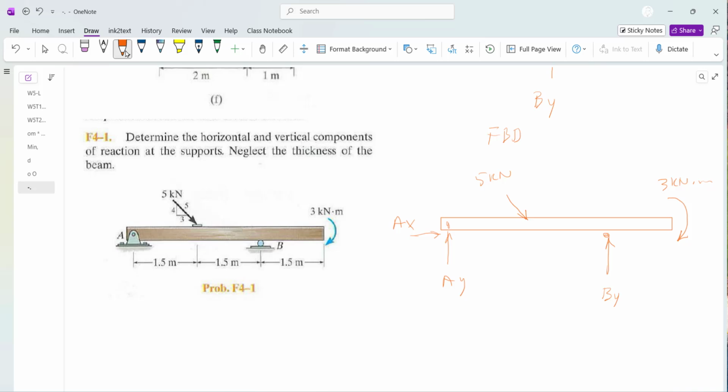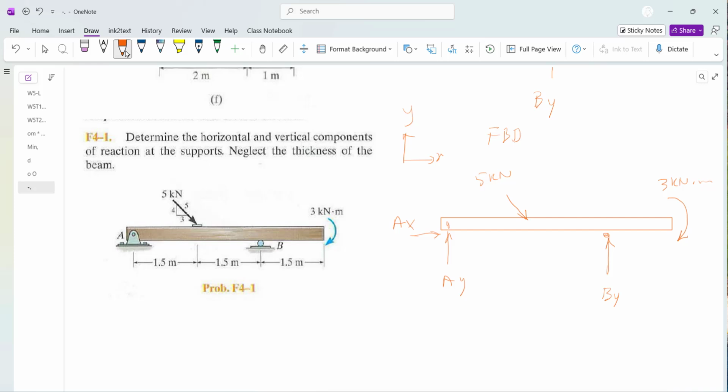All right, so since we are not solving this in a vector fashion, we are solving this in a two-dimensional scalar fashion. For that reason, if any external force here does not comply with the default coordinate system X and Y, you have to replace it by its components.